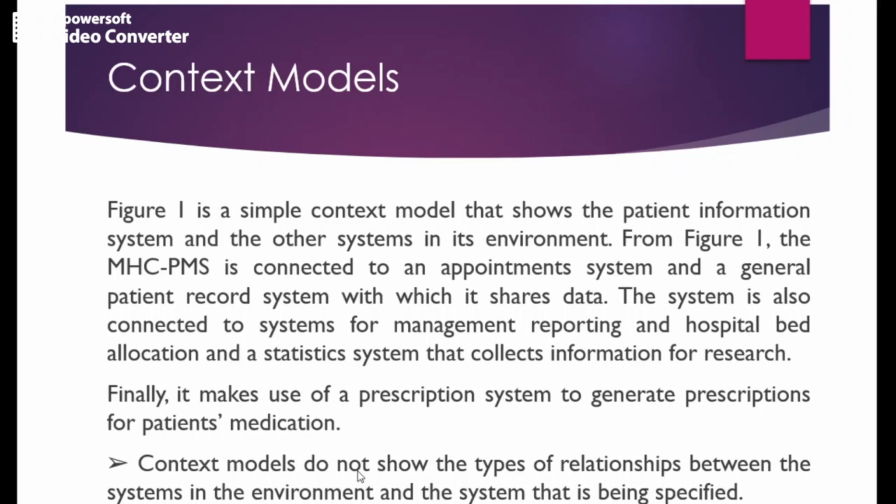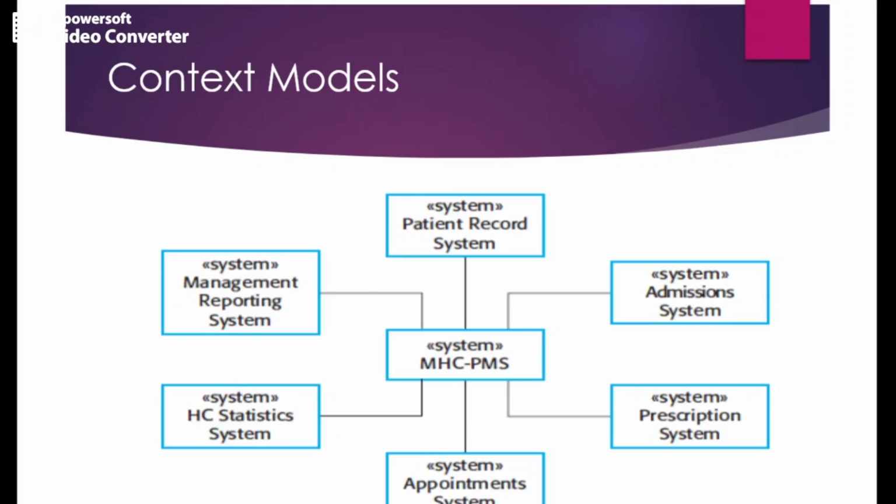So one thing to keep in mind, context models do not show the types of relationship between the systems in the environment and the system that is being specified. It's like I've told, this is our main system and these are the other systems in the context of our system.